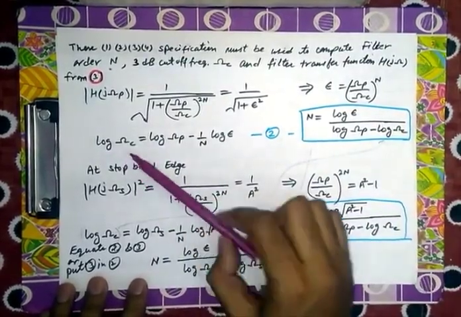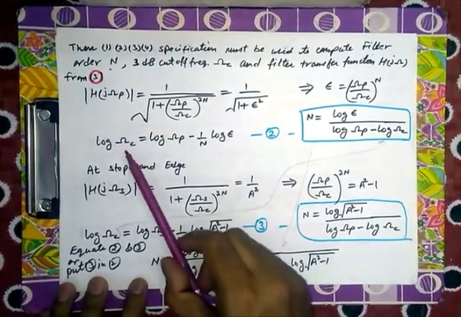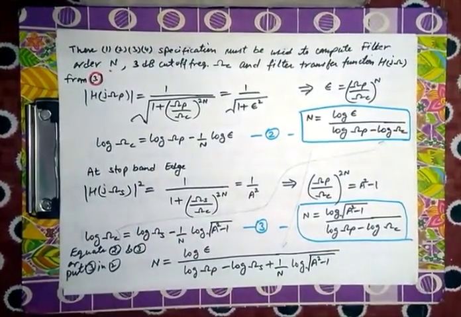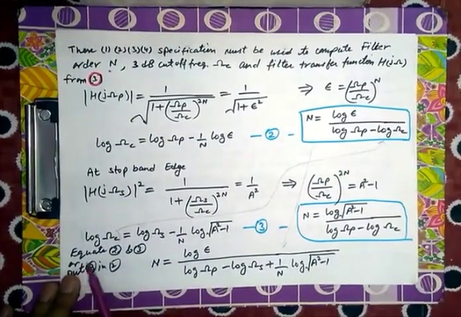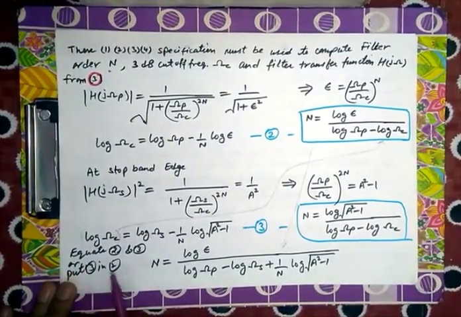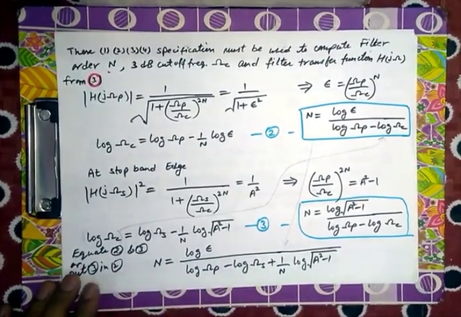Because it is log omega c in both, you can equate both equations or simply put the log omega c here. By any means, you can solve these two equations, equating them or putting 3 into 2. After putting the equations, we have this n.